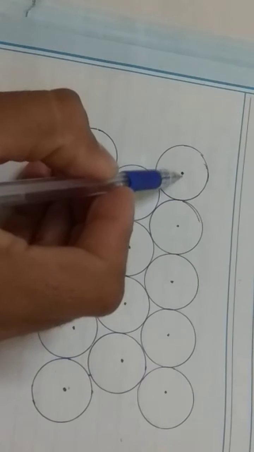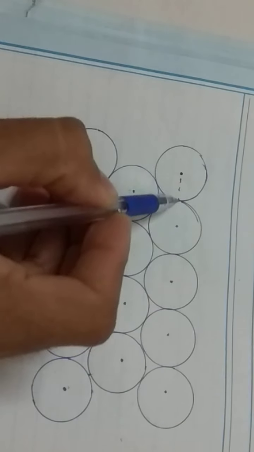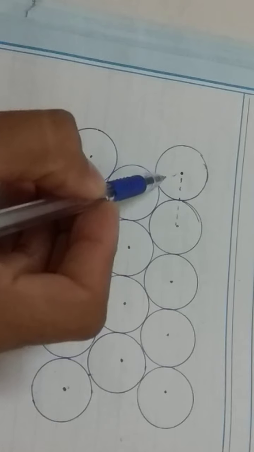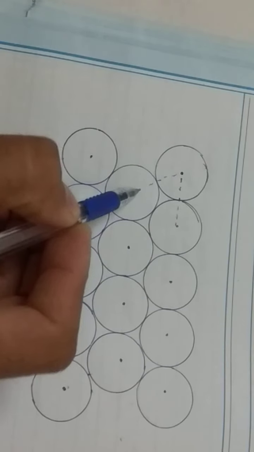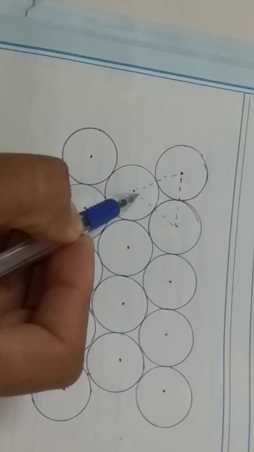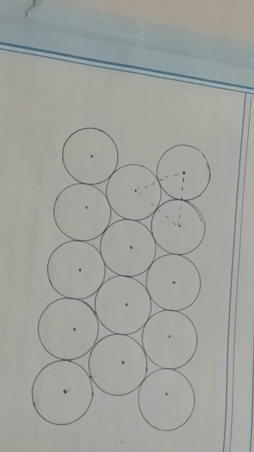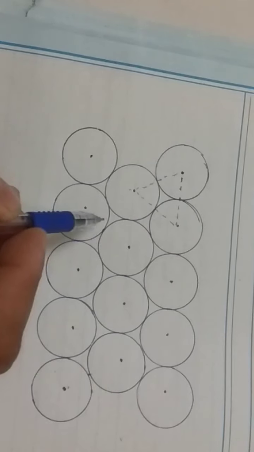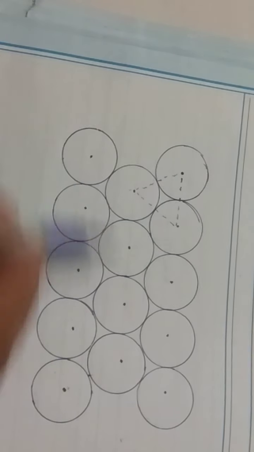So if you see in this arrangement then you will find that these spheres are arranged in such a way that their centers are placed on the corner of an equilateral triangle. You can make this equilateral triangle anywhere.